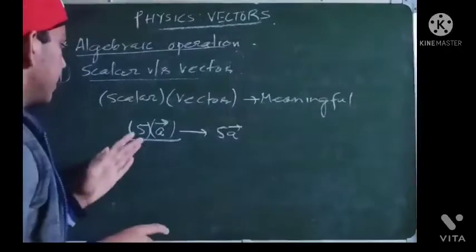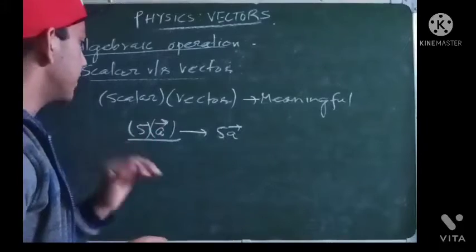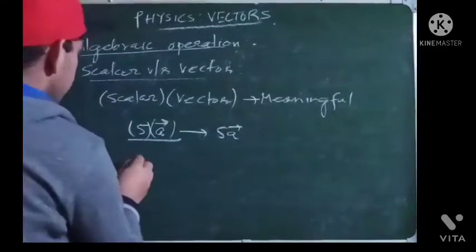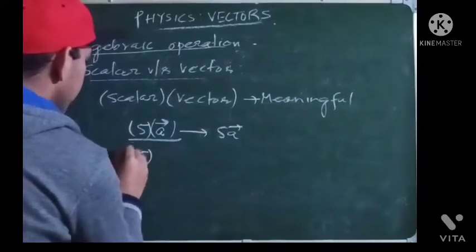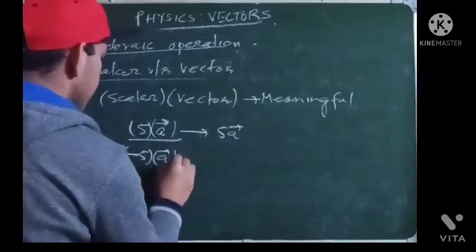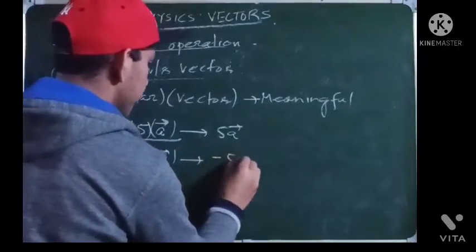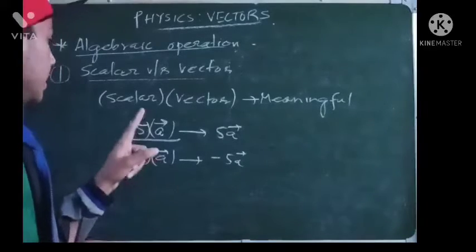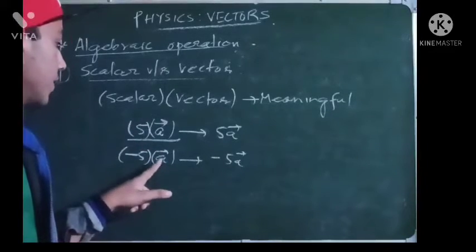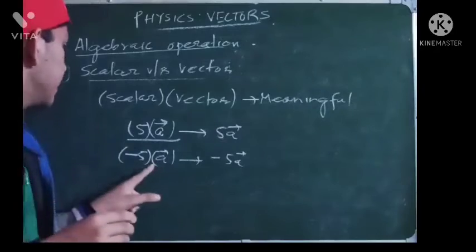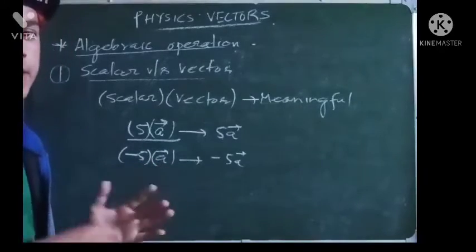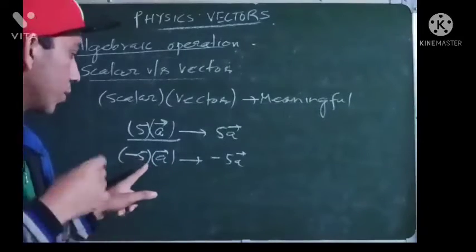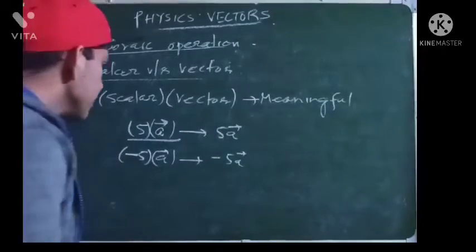If we multiply this A vector with a negative number, for example minus 5, we get minus 5A vector. Then in this multiplication, the direction of the vector A got changed and the magnitude has increased 5 times.